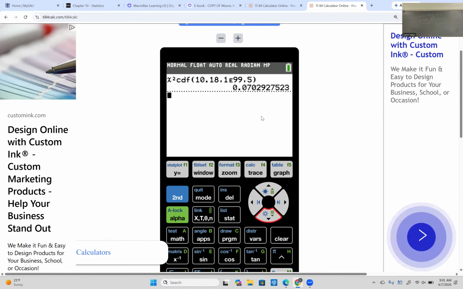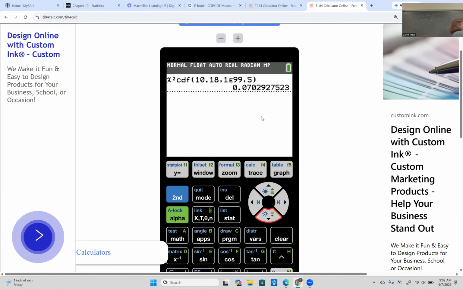Again, I'll always give enough on a table for you to do it without knowing this command, but if you want the actual p-value, you can use that chi-square CDF. But you do notice there, you need the degrees of freedom, and it doesn't calculate expected for you or anything like that.